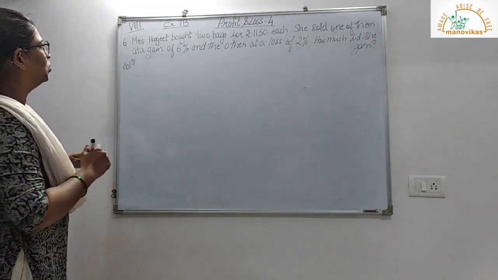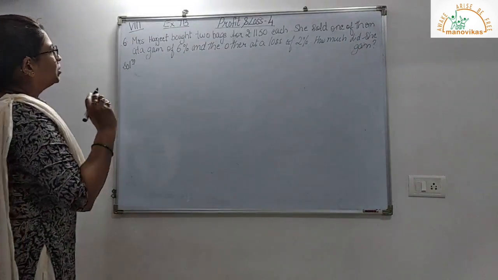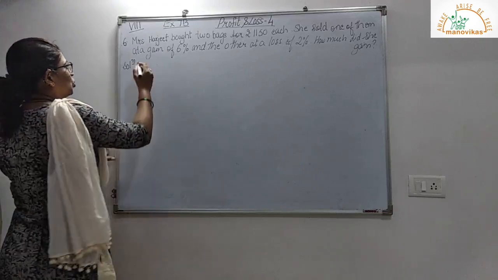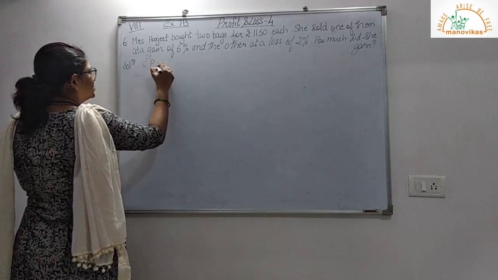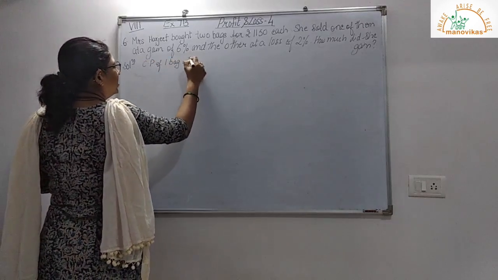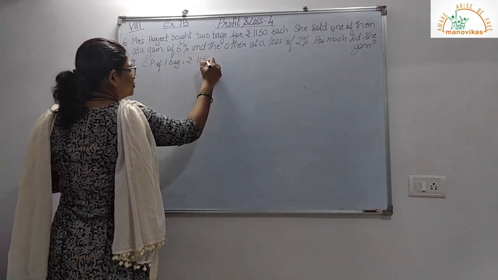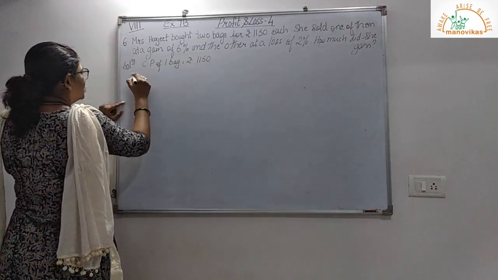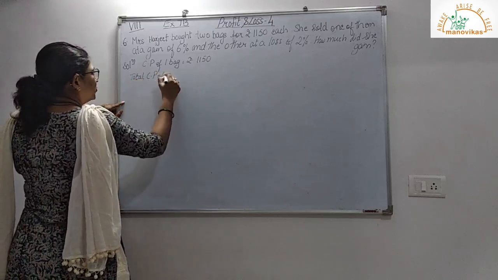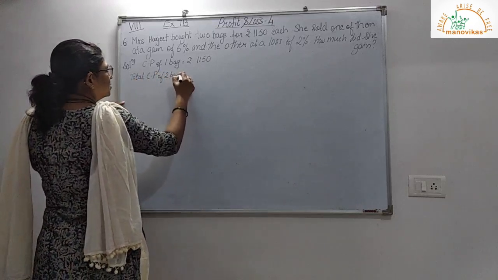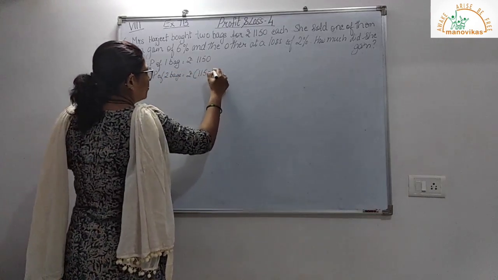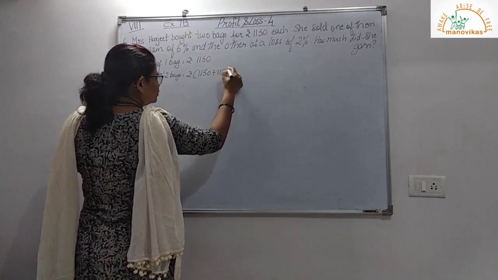Now first what we do, we find the total cost price of both the bags, right? The cost price of one bag is rupees 1150. So the total cost price of 2 bags is equal to rupees 1150 plus 1150.